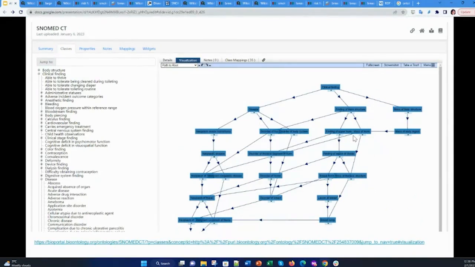Here we can see a view of SNOMED with the concepts and the relations like classes, subclasses. In this visualization, we can also select specific concepts and see the mappings between different classifications and ontologies provided by BioPortal.